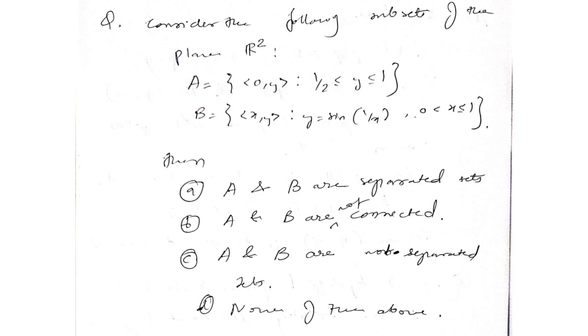Then state which of the following statements is correct. A says that A and B are separated sets. B says that A and B are not connected. C says that A and B are not separated sets. D, none of the above. So tell me what the correct answer will be.